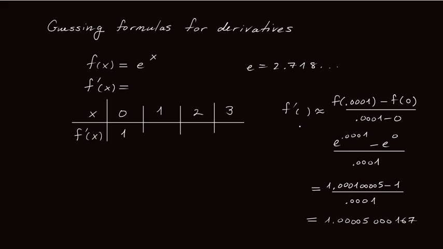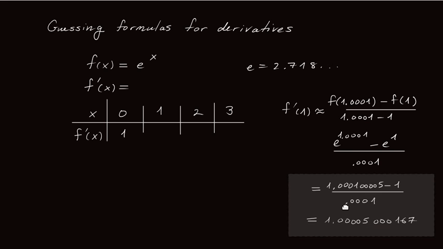What if we change this now to f prime of 1? So I'll put a 1 in here. Instead of using 0 to 0.0001, I'm going to use from 1 to 1.0001, a really small interval that includes 1. Then I take the difference between those two things, e to the 1.0001 minus e to the 1.